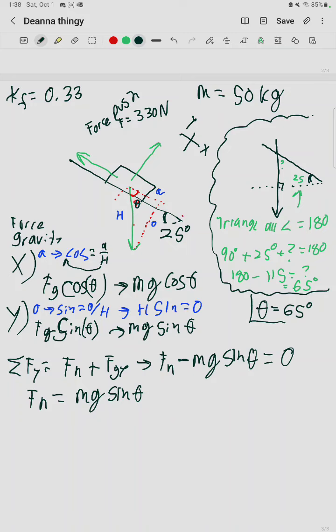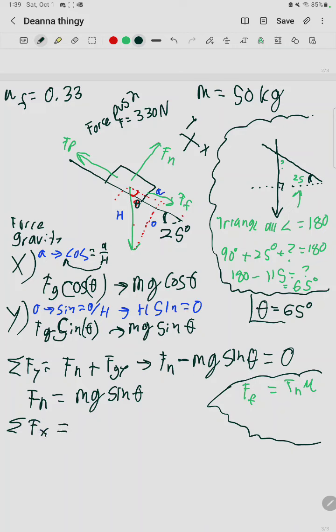So, force friction should be normal force times the coefficient of friction. The force push.